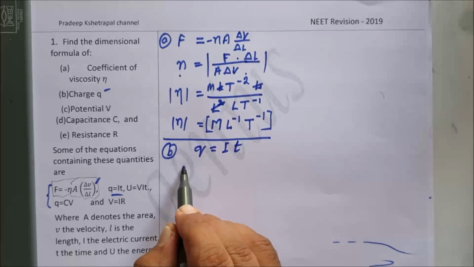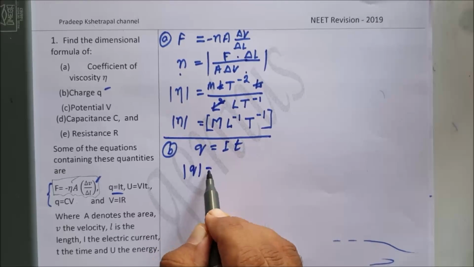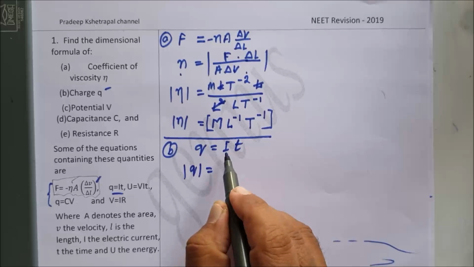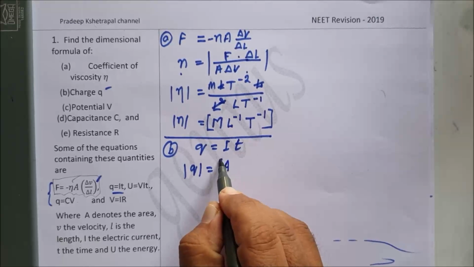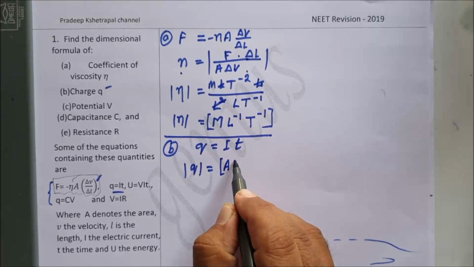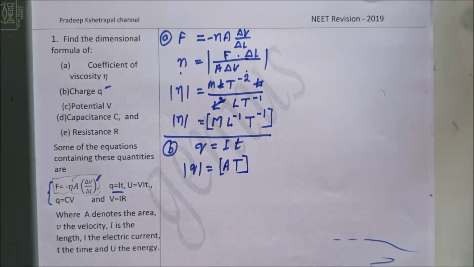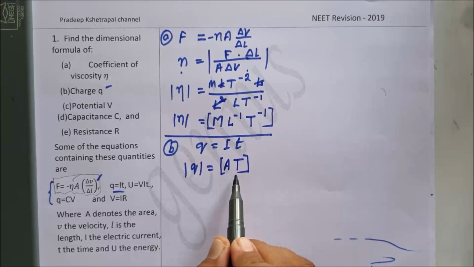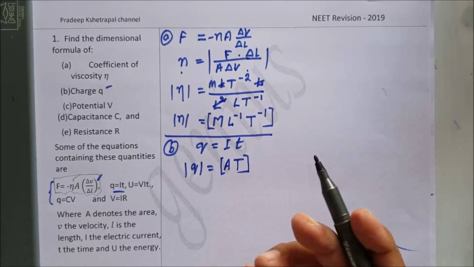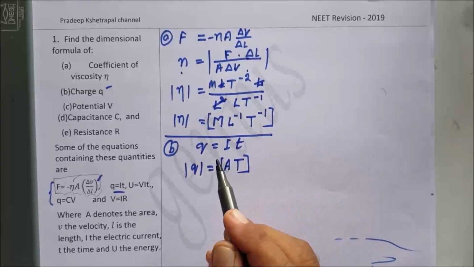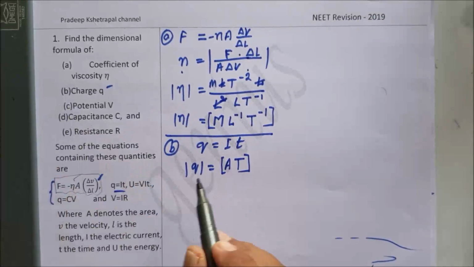So the dimensions of Q are equal to the dimensions of current, that is A, and the dimensions of time, that is T. So Q has the dimensions of A T, or we can write T A. It is one and the same thing. That is B.